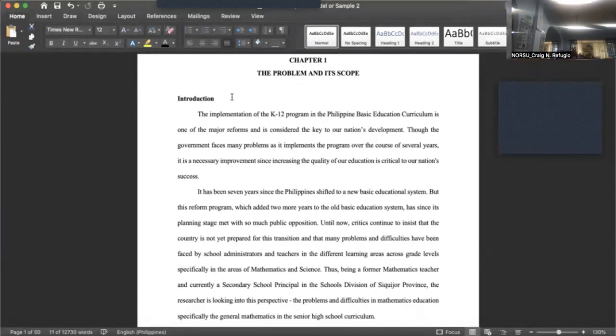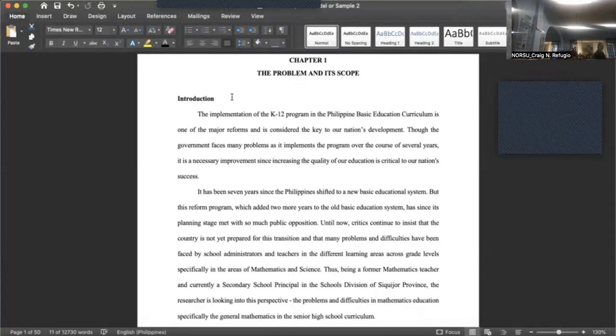Then you are going to have 1.5 spacing, not double space. Font size 12.